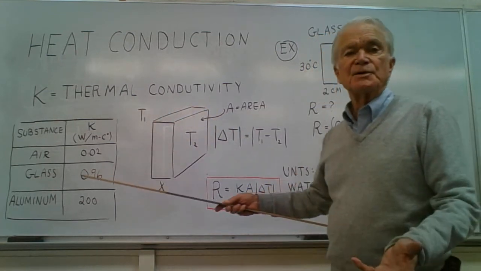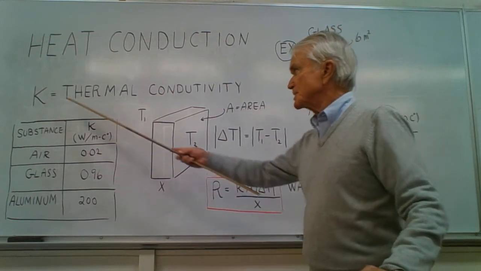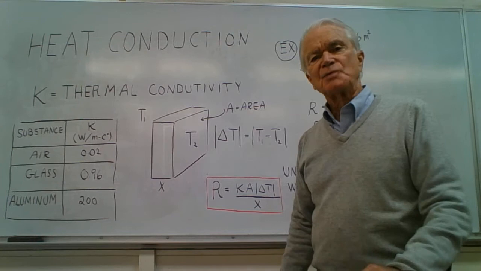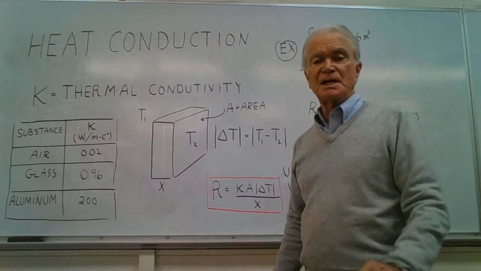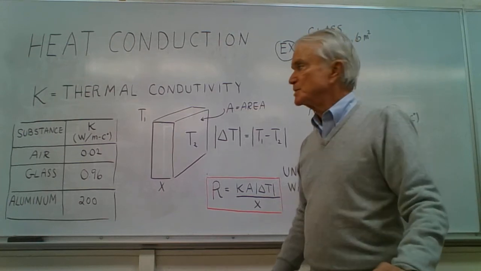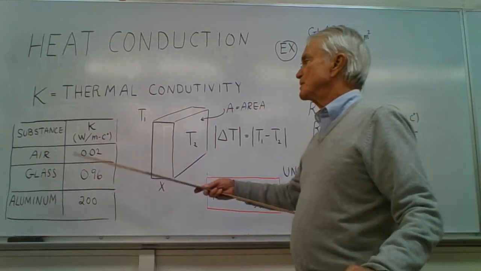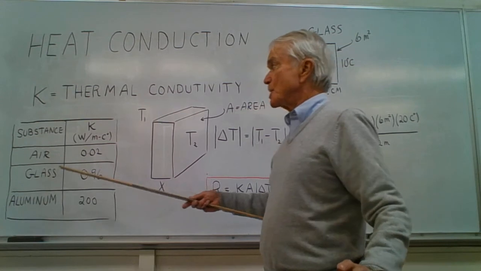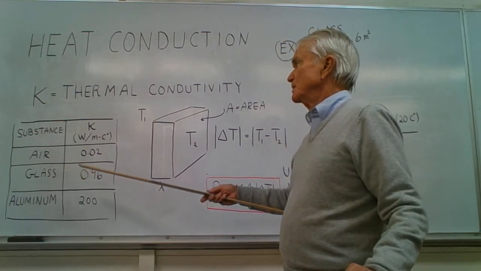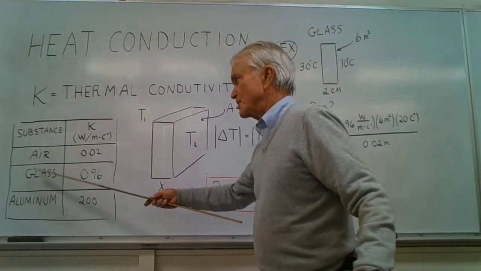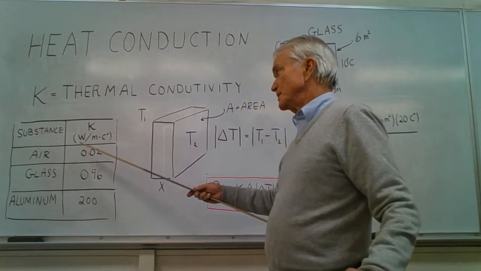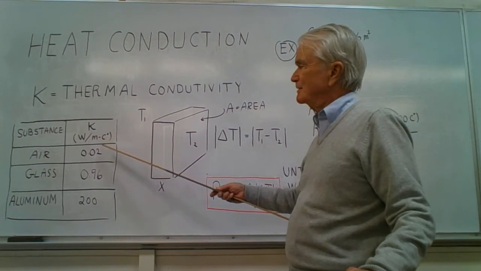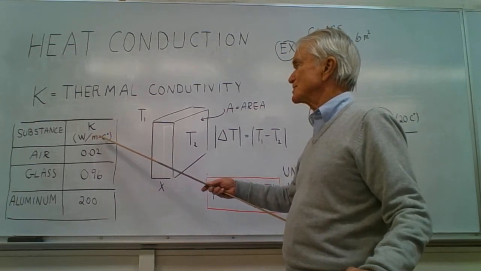The greater the thermal conductivity, symbolized as K, the more rapidly heat is transported, or conducted, we say, along the length of the material. I show here three representative thermal conductivities: for air, glass, and aluminum. Notice the frightful units associated with thermal conductivity: watts per meter Celsius degree.